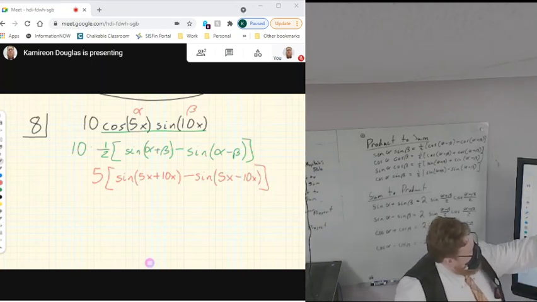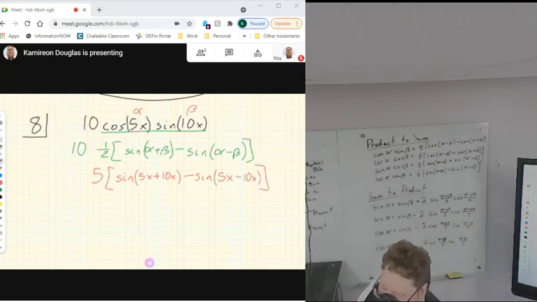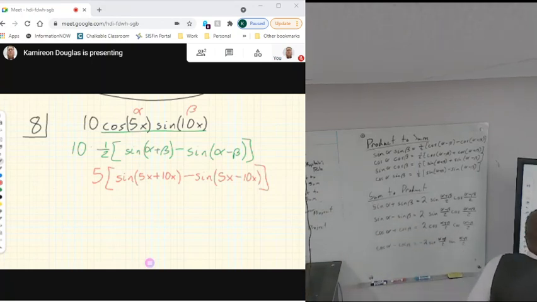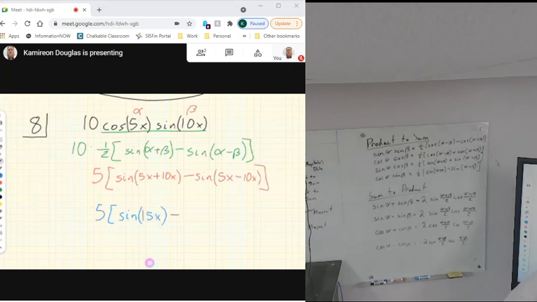The 1/2 got absorbed by the 10, becoming a 5. And the rest we're now going to start to simplify. That 5 out front stays a 5 out front. I'm not finished with it yet. So 5, bracket, sine. 5x and 10x together make 15x. Minus sine. 5x minus 10x will give me negative 5x.